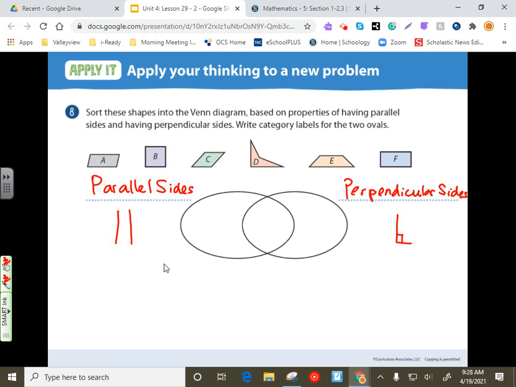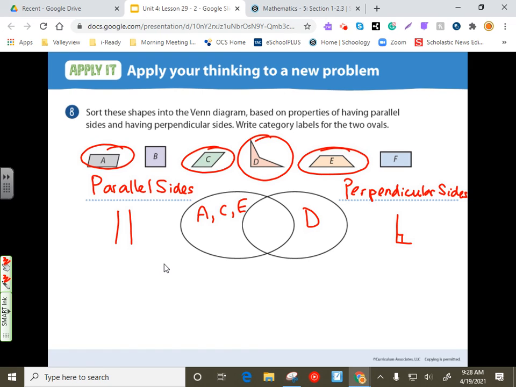So let's do, I know A, C, and E have parallel sides. And then I know D has a perpendicular side, but I also notice that B and F, they've got parallel sides and perpendicular sides. So I'm going to have to place those right here in the center, just like that.